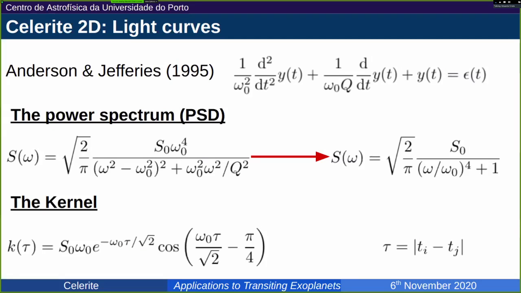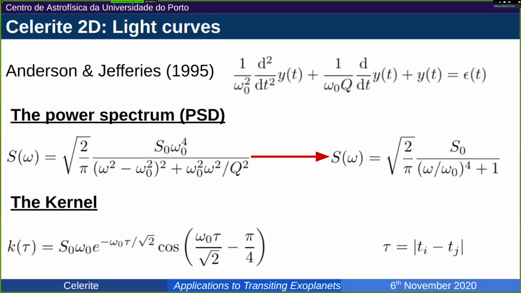Here, epsilon of t is a stochastic driving force that can be Gaussian in nature. So as a result, the differential equation solution is a Gaussian process with the power spectral density that depends on a quality factor Q.